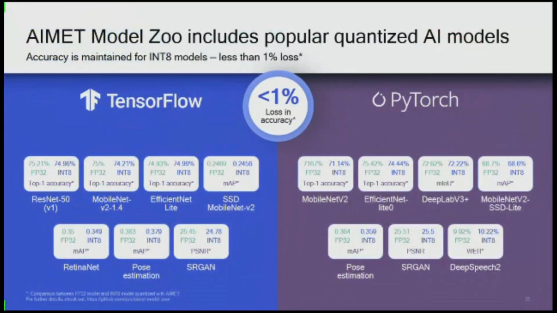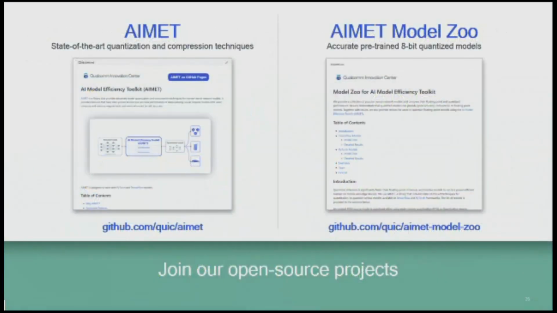And we're not hiding recipes, and we're providing model zoos on both TensorFlow and PyTorch, including all kinds of tasks from MobileNet, EfficientNet, SSD to PoseNet, and also GAN-related architectures. And at the end, I hope you guys can just take advantage of our model and join our open source projects.